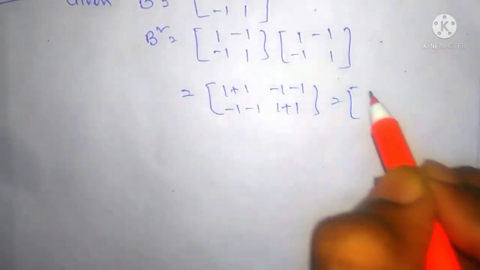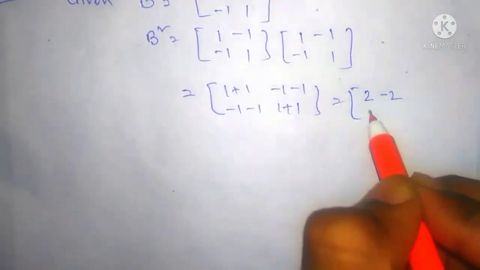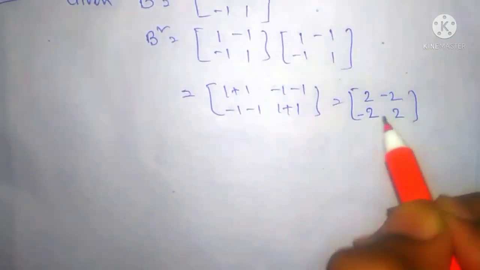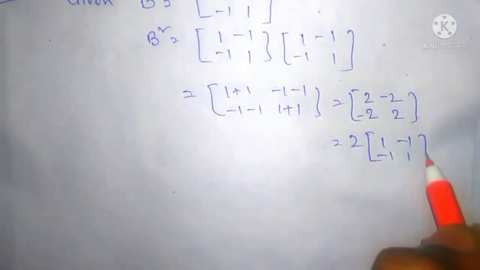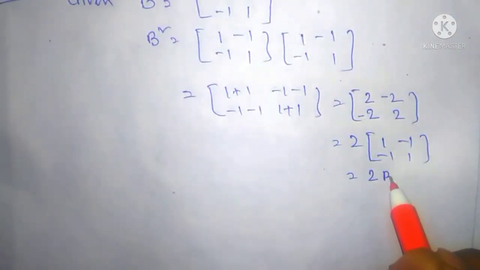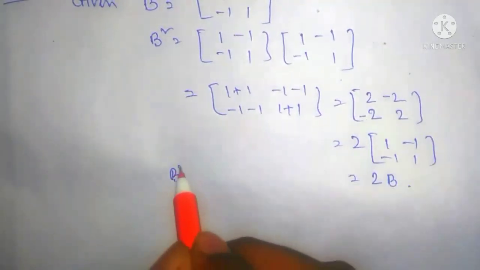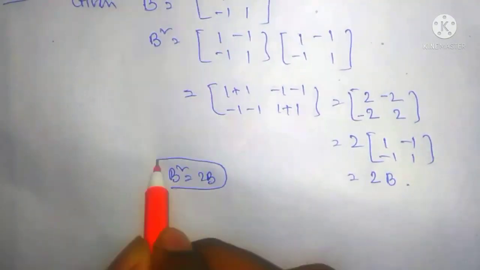That is 2, minus 2, minus 2, 2. That is 2 into 1, minus 1, minus 1, 1. That is 2B. So we get B square equals 2B.